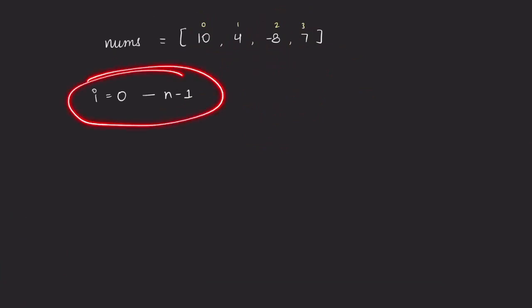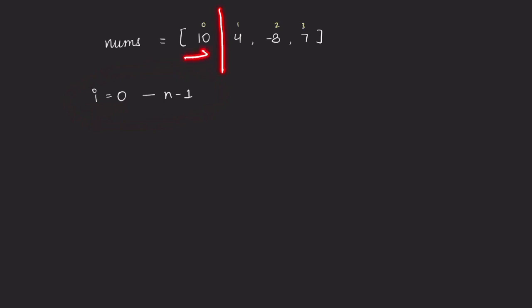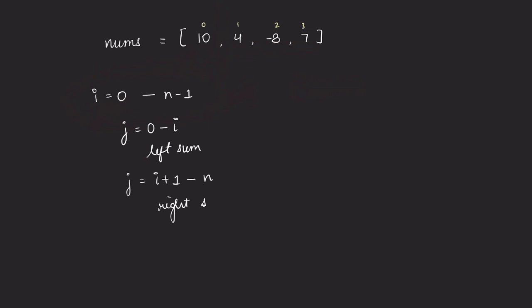So now this I is denoting at which particular index I am doing a split. So when I equals 0, that means I will be splitting here, right? So my left subarray will be from 0 till I and my right subarray will be from I plus 1 till the last index, right? So what I can do is run another for loop of j starting from 0 till I, and identify the left sum, and then I can run another for loop of j starting from I plus 1 till n, and find out the right sum, right?